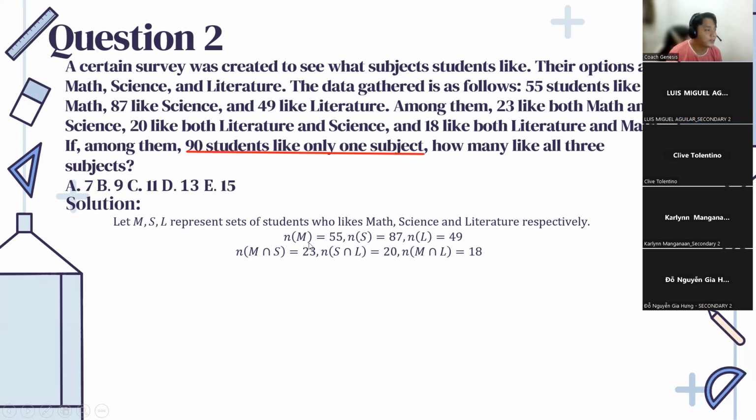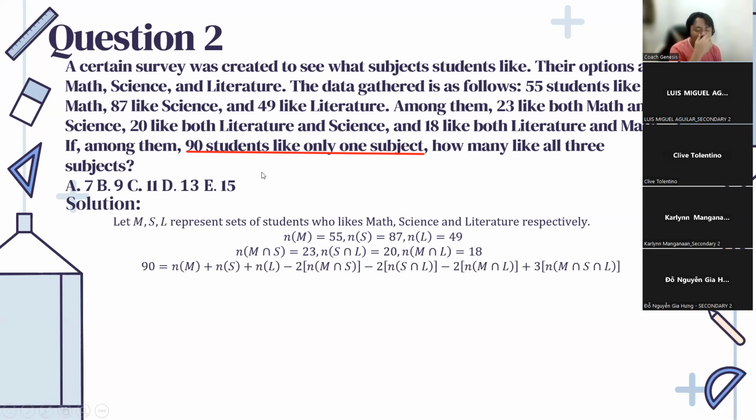So the question that we need to answer is how many like all three subjects. That means the intersection of the three. So likes math, science, and literature. So here we can have this formula. So how did we get this formula, or how do we achieve that?